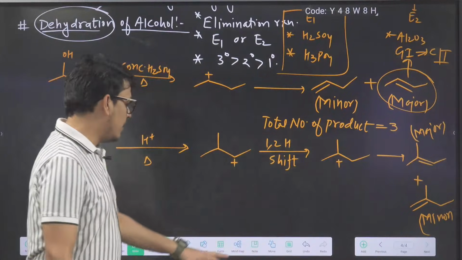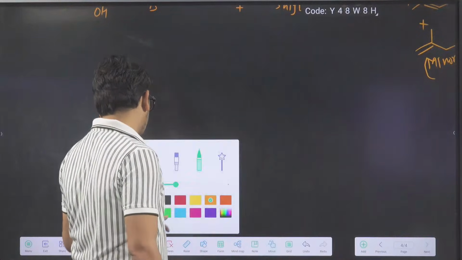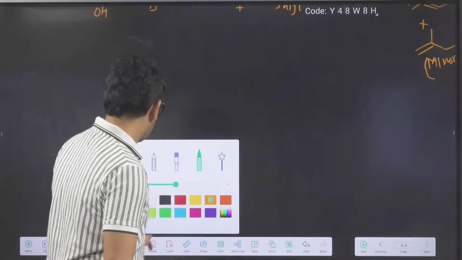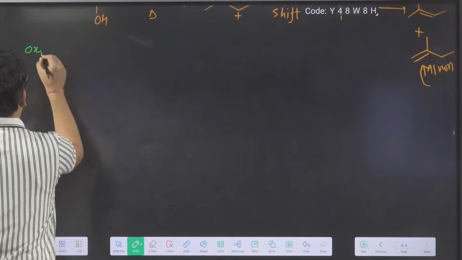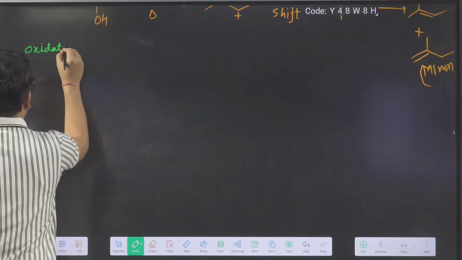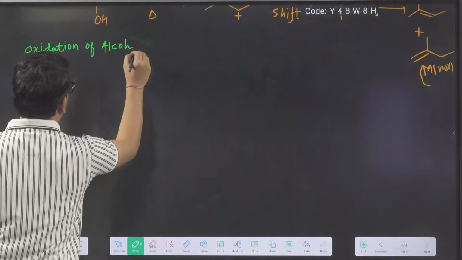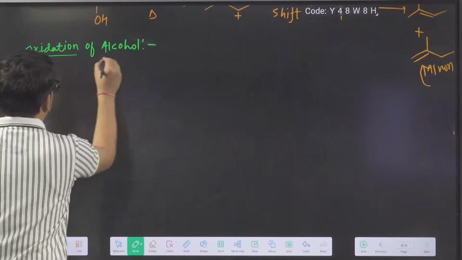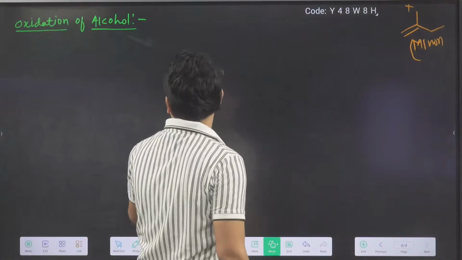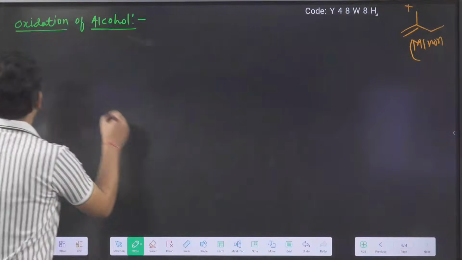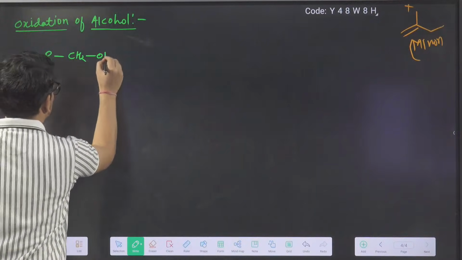Now next after this one, oxidation of alcohol. So first, let's say I am having here a 1 degree alcohol, RCH2OH.